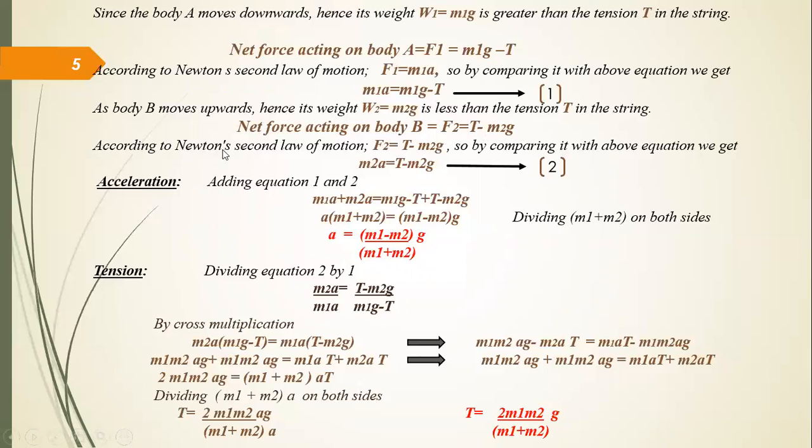So according to Newton's second law of motion, F2 is equal to T minus m2g. Because F2 is equal to m2a, we compare both equations and write m2a is equal to T minus m2g. This is your second equation, and in the book this equation is 3.7.